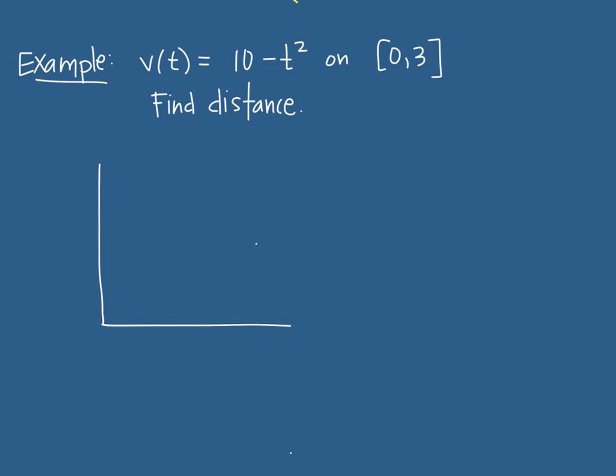Okay, that looks a little different because this is now a parabola. We still have a y-intercept of 10, but it's going to curve this way as a parabola instead, hitting at the square root of 10, which is a little more than 3. So if I'm going from 0 to 3, 3 is right here.